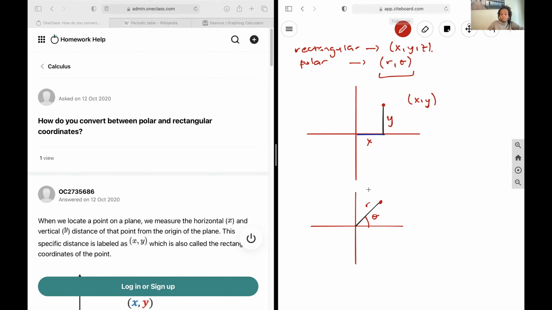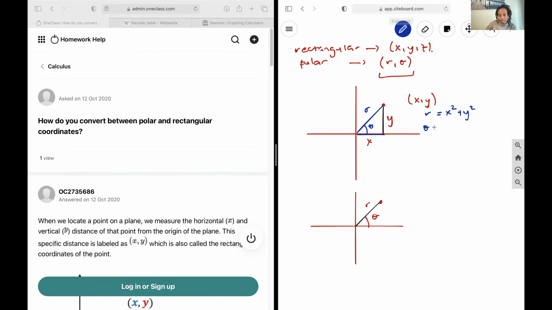And so if I want to convert between polar and rectangular coordinates, so if I wanted to find r from this, I can see quite clearly that r is going to be just here. And so using our right angle Pythagoras theorem, I know that r will be equal to the square root of x squared plus y squared.